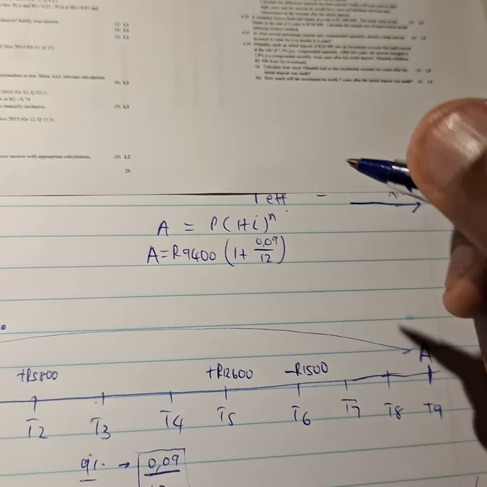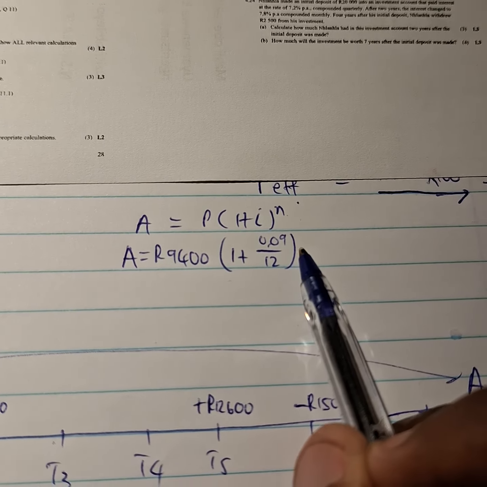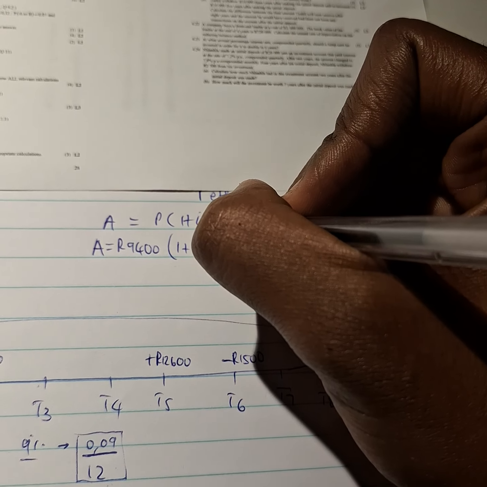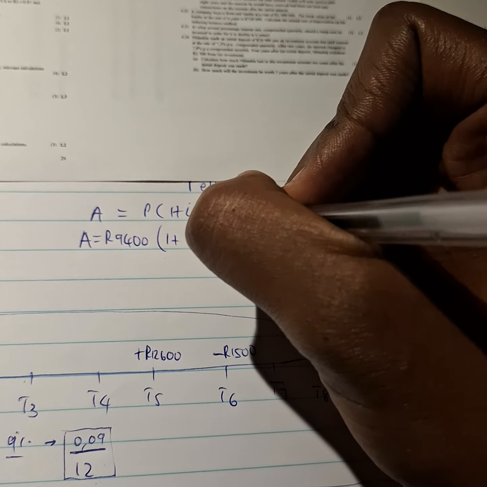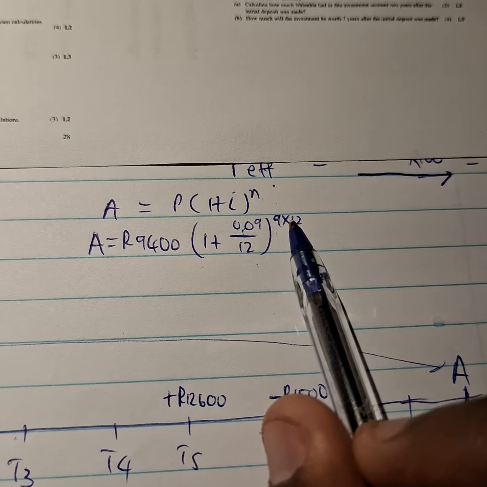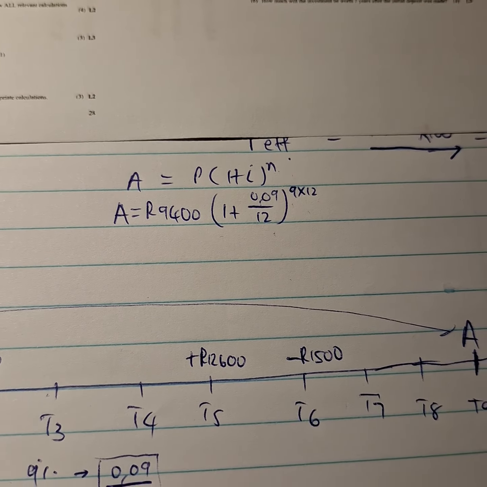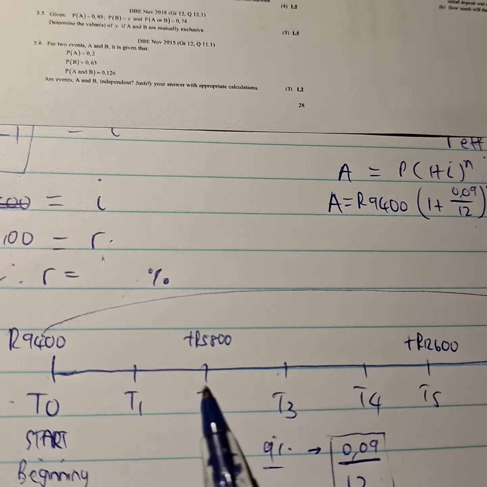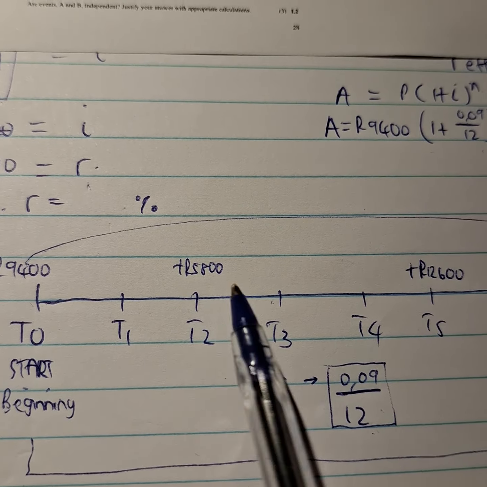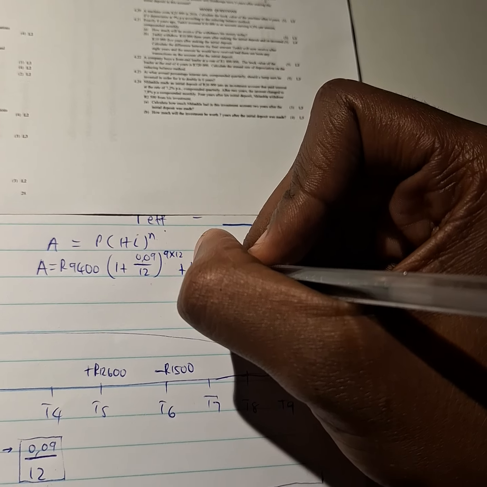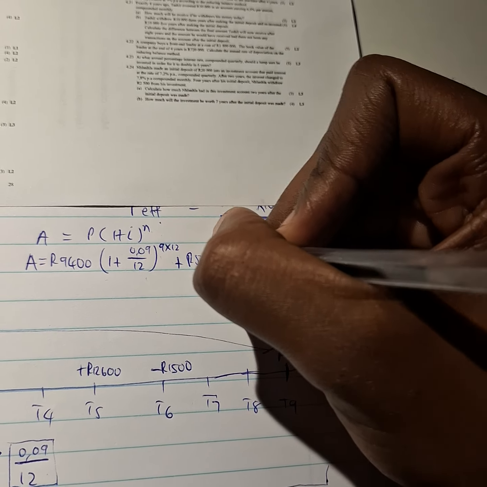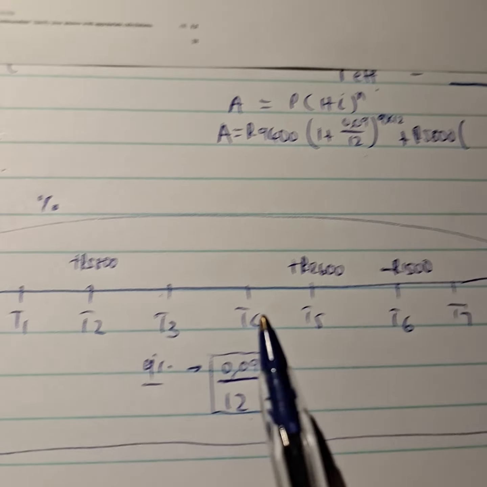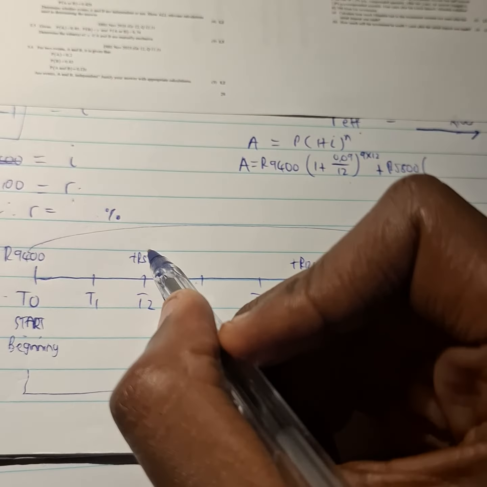We are going to be dividing it by 12. But remember also that the interest rate is affected because there's a compounding period, but also the time period is affected because there's a compounding period. Then remember, we are adding 5,800. 5,800 is also going to be enjoying that interest rate.